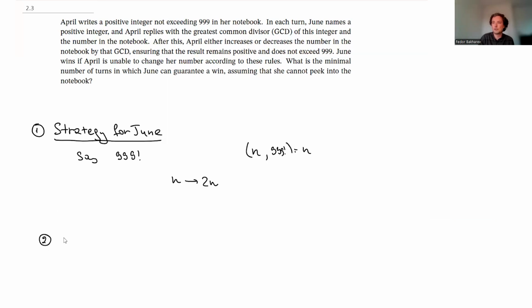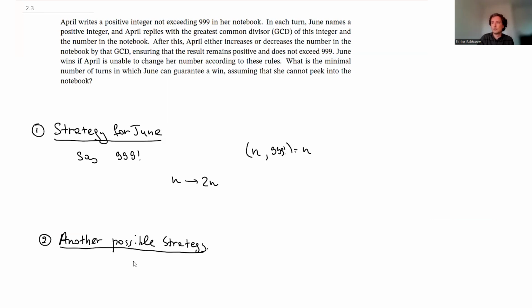Another possible strategy is to say some numbers which relate to the powers of 2.